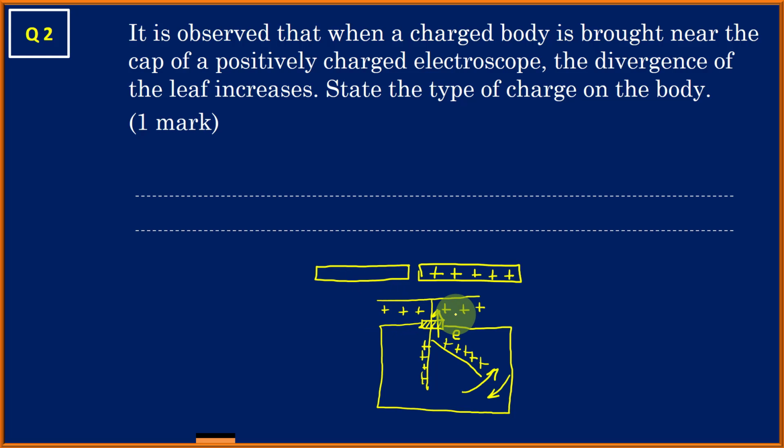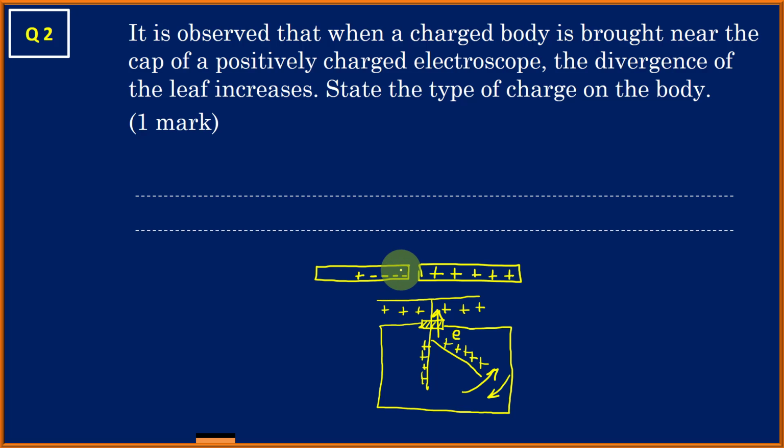If it is just a conductor, it means that electrons on this conductor, remember it is not charged, are going to be attracted by this positive charge, and they are going to put themselves close to this end of the conductor.